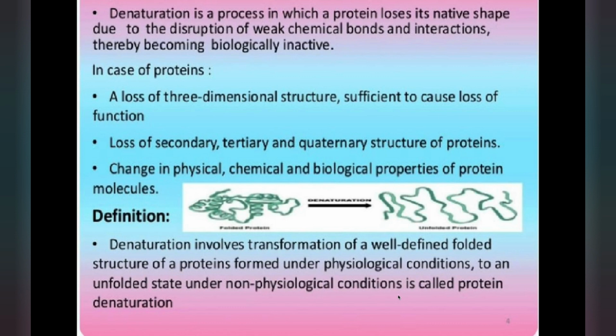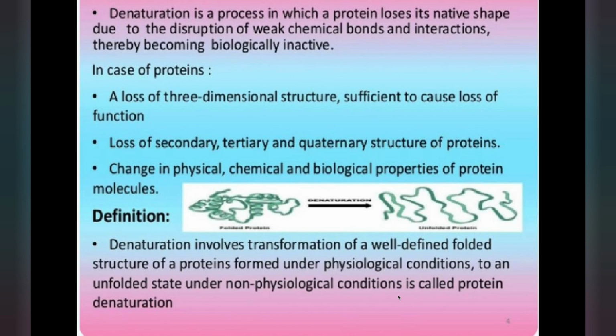And what is the definition of denaturation? It involves transformation of a well-defined folded structure of proteins formed under physiological conditions to an unfolded state under non-physiological conditions. That is called protein denaturation. Initially the shape of the protein is well defined and well folded, and it was formed under physiological conditions.